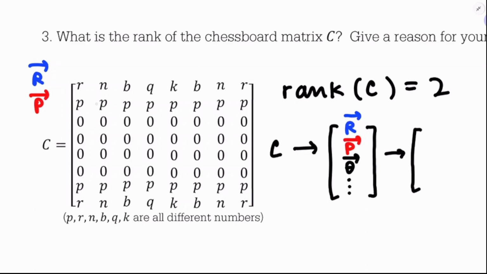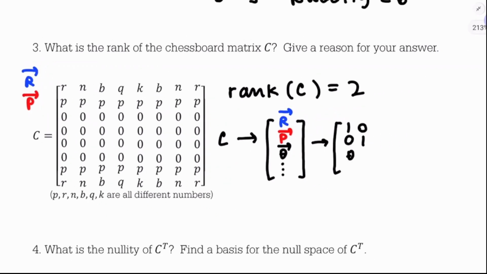I would not get a 0 there because R and N are different numbers. And so I see how this is definitely going to have this possibility, and then all of these 0 rows underneath it again. I don't know what's going to come to the right of this, but I do know that's going to happen.